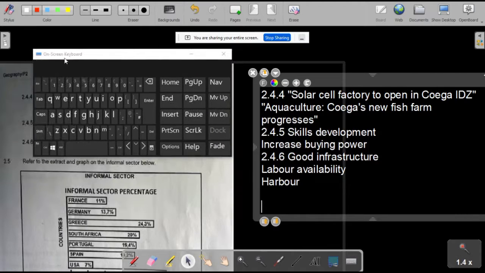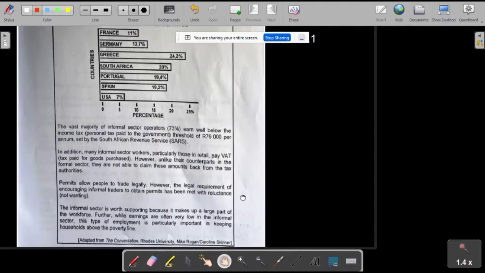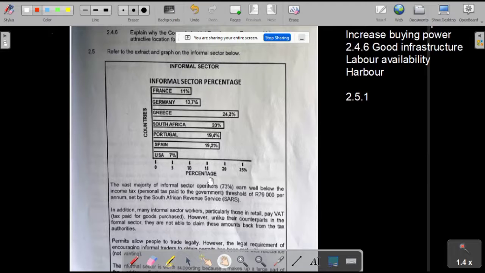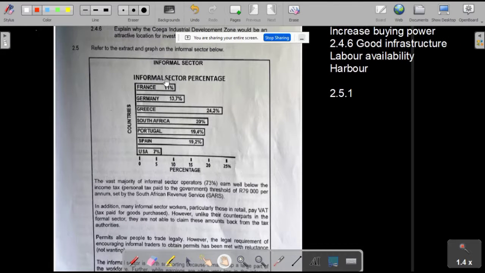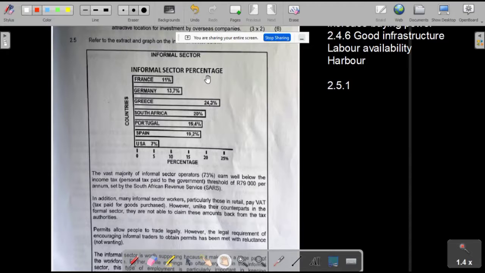On to 2.5. Okay, we move on to 2.5.1. This should actually be the last question. They usually end at 2.5 and then section B, which is the network. Refer to the extract and graph on the informal sector below: informal sector percentage.